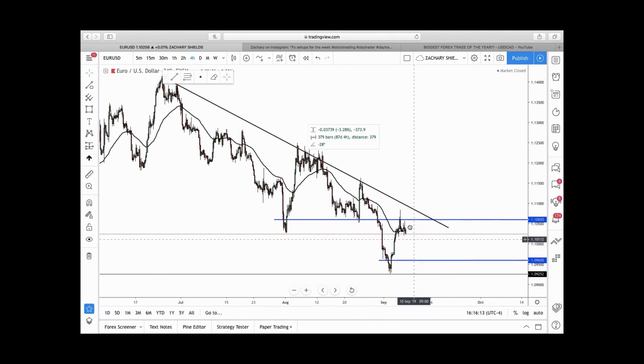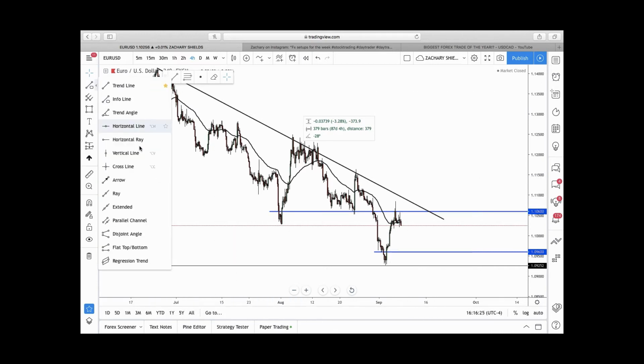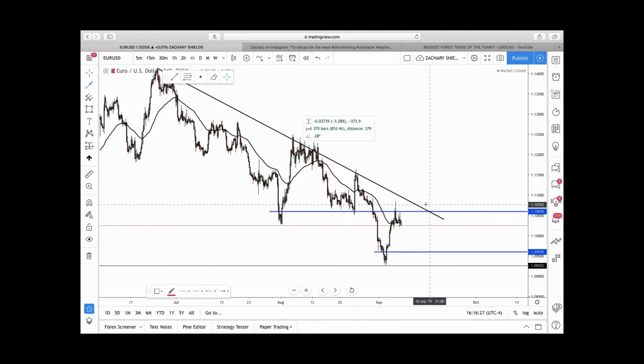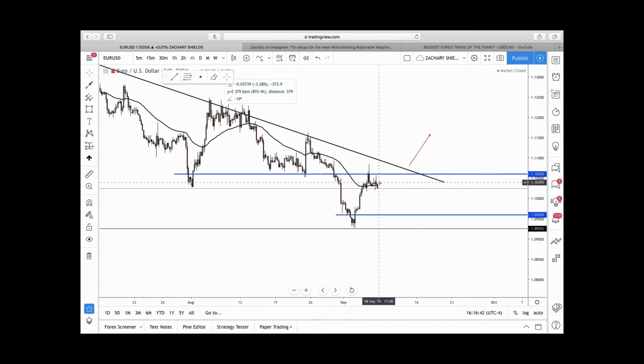So for here, I don't have a target, but we should start pushing down. And maybe if we can break back above this trend line, we could have some upside into about 1.115. So Euro USD, I'm not gonna be too pushy on it. I'm just gonna let this one give me some more time to give me some more information. But definitely at the start of the week, I do see it starting with some downside.